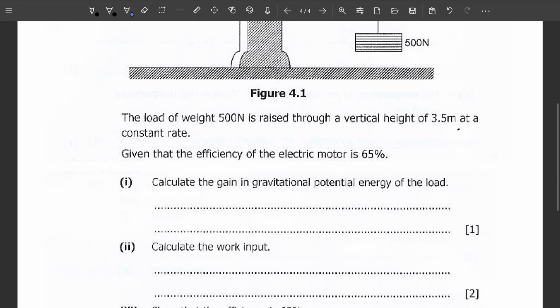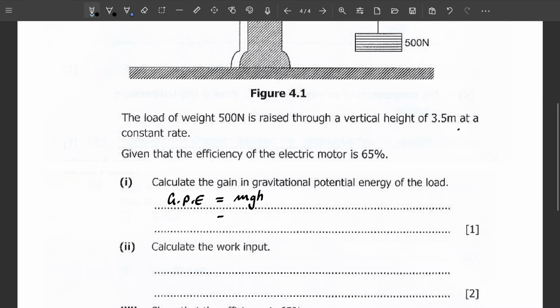The load is raised through a vertical height of 3.5 meters at a constant rate. Given that the efficiency of the electric motor is 65%, calculate the gain in gravitational potential energy of the load. Gravitational potential energy, the same way we find potential energy, is equal to mass times acceleration due to gravity times height.